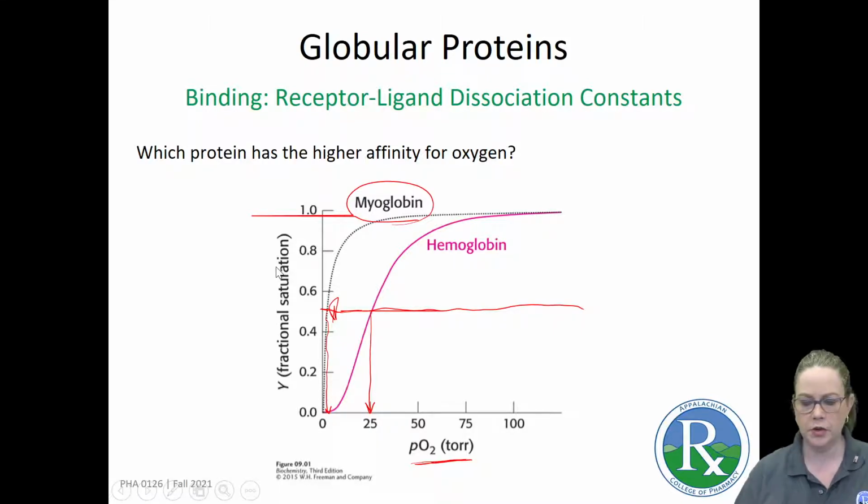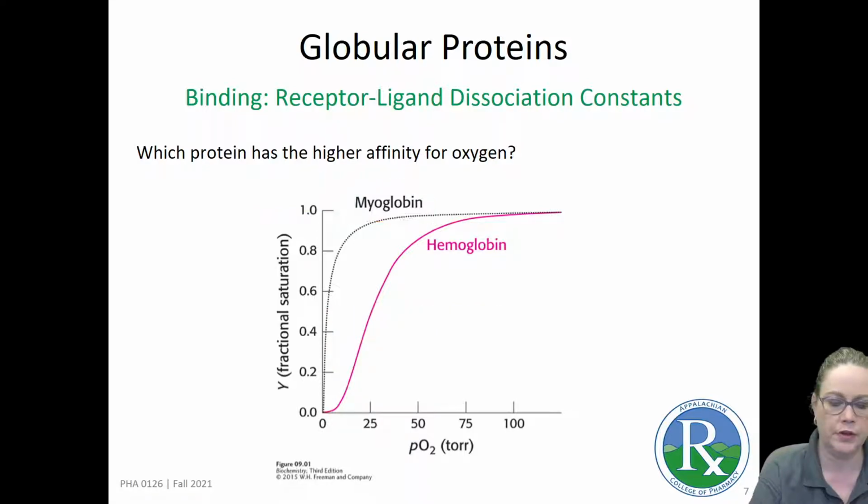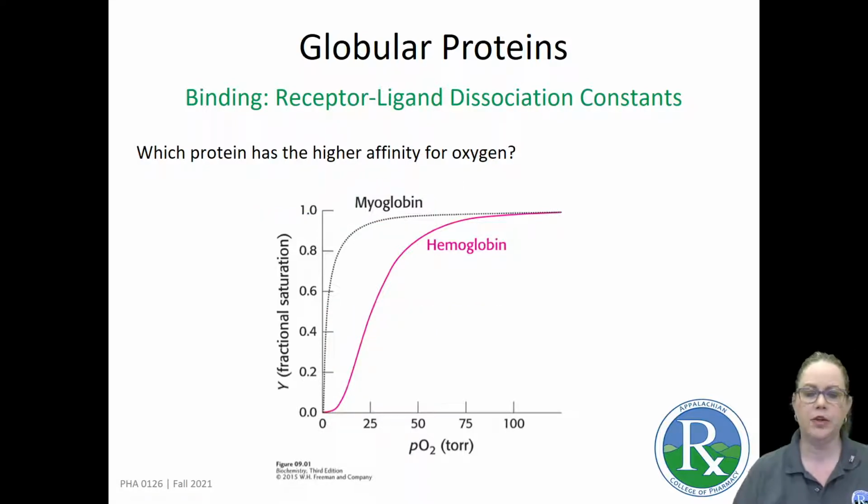One thing you might notice with this graph is that the curves for myoglobin and hemoglobin look different. Myoglobin has a hyperbolic curve shape, whereas hemoglobin has that sigmoidal S-shaped binding curve.